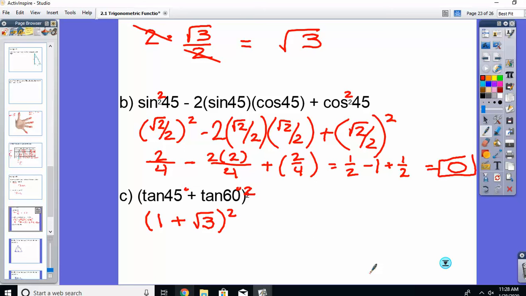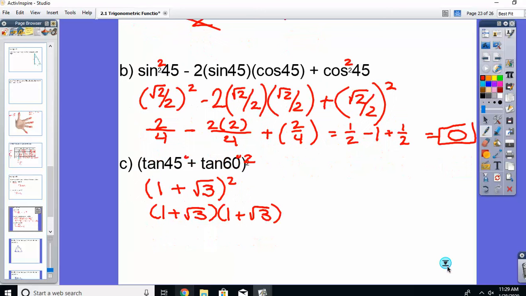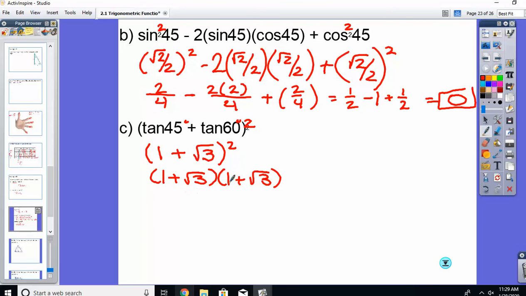How do you square something like this? FOIL. So we get 1 plus radical 3 plus radical 3 plus radical 9, which is just 3.